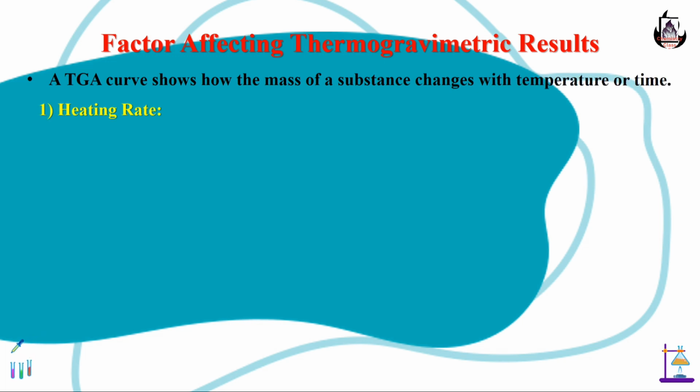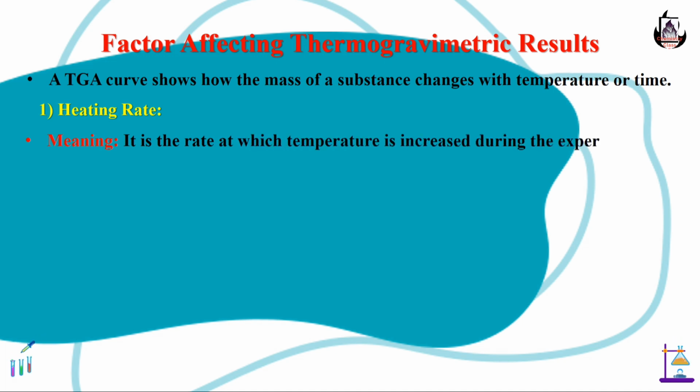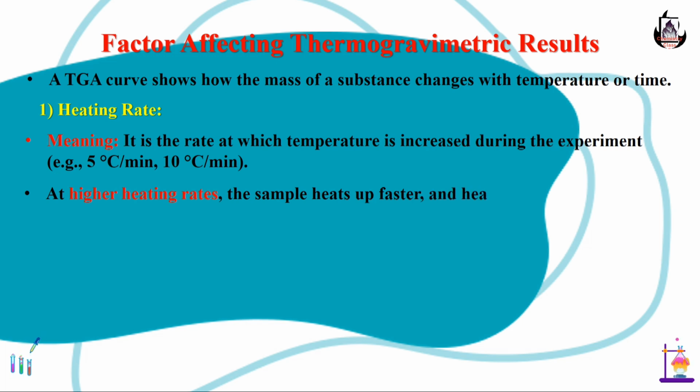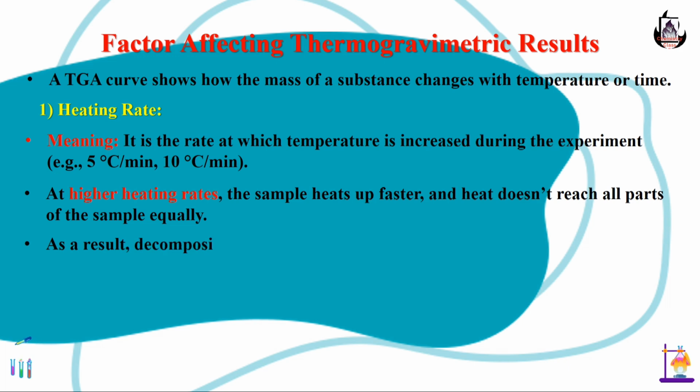The first factor is heating rate. It is the rate at which temperature is increased during the experiment. At higher heating rates, the sample heats up faster and heat doesn't reach all parts of the sample equally. As a result, decomposition starts later and at a higher temperature, shifting the TGA curve to the right.